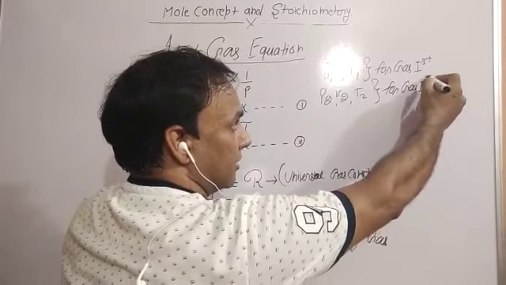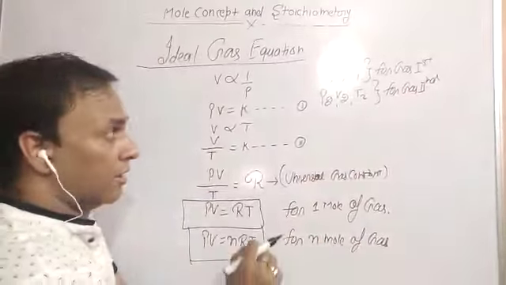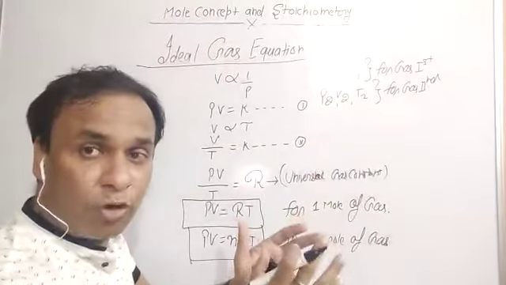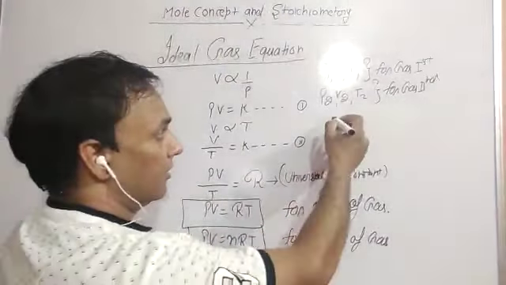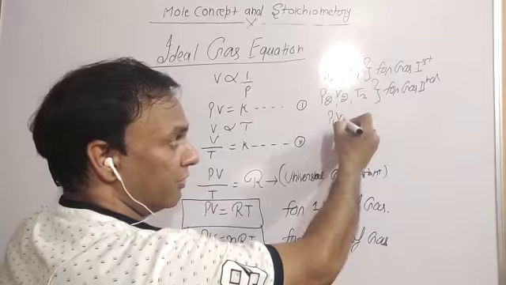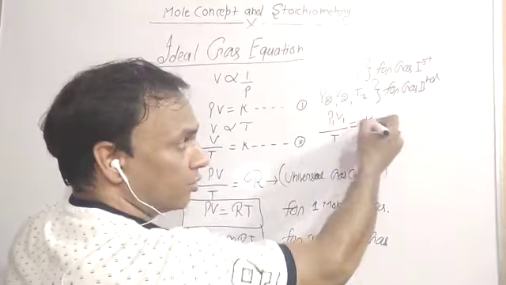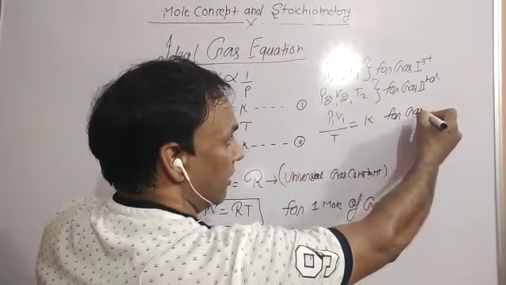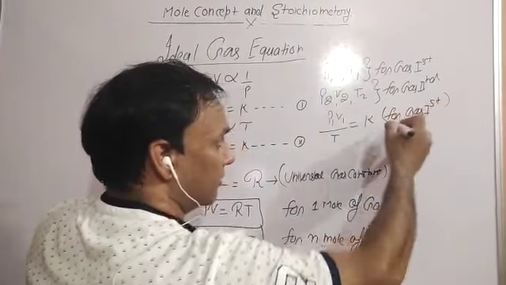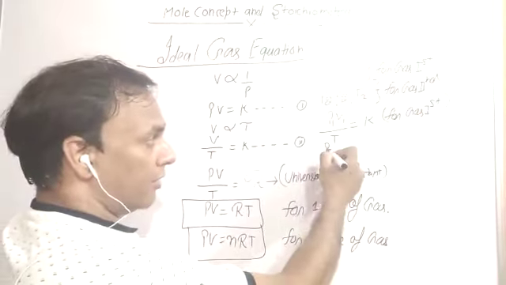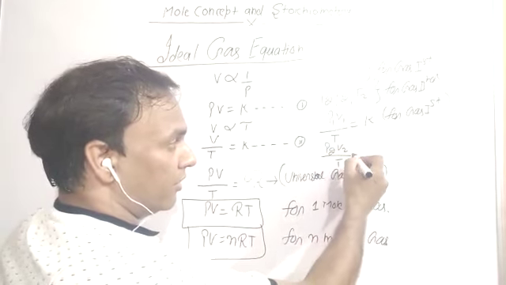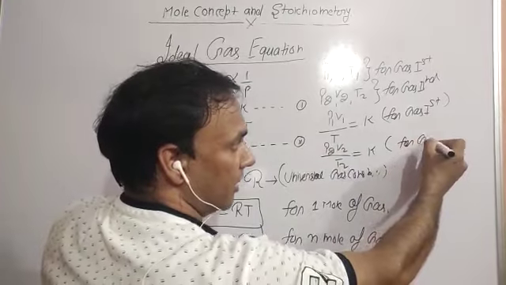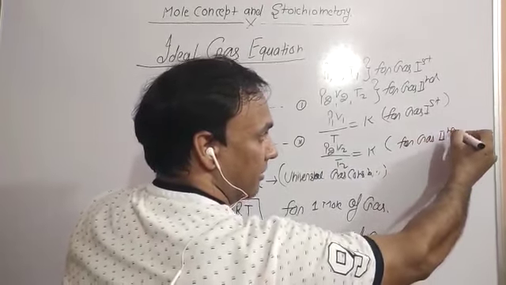According to the ideal gas, for gas first, P1 V1 upon T1 is equal to a constant, and for gas second, P2 V2 upon T2 is equal to a constant.